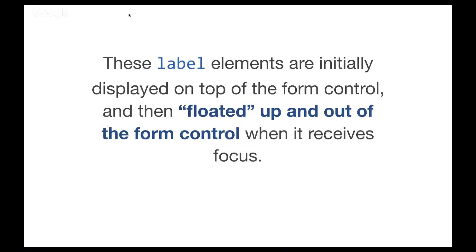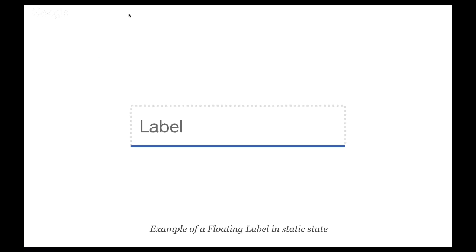The way they work is the label elements are initially displayed on top of the form control, and then they're floated up and out of the form control when that form control receives focus. So here's a quick little diagram. We have the label element sitting what looks like inside, but is actually on top of the form control. Then when the user clicks into the form control, the label animates up and out of the form control to above.